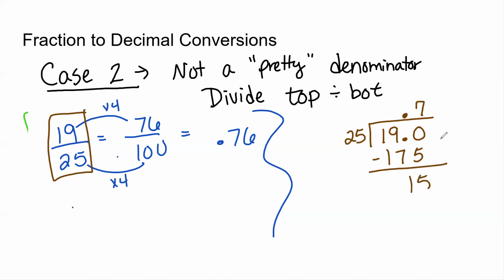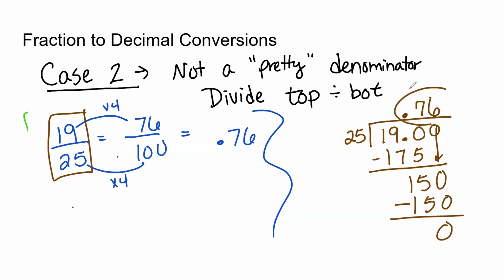Subtract, and that's 15. Add a 0. 25 into 150, count by quarters. 25, 50, 75, $1, $1.25, $1.50. So 6 quarters, which is $1.50. And there you go. Same answer. So if you just want to memorize one way to do it, the division works every time.